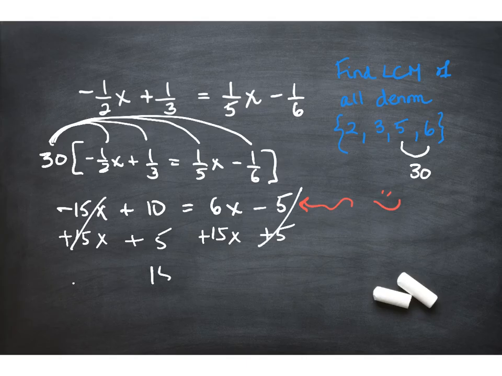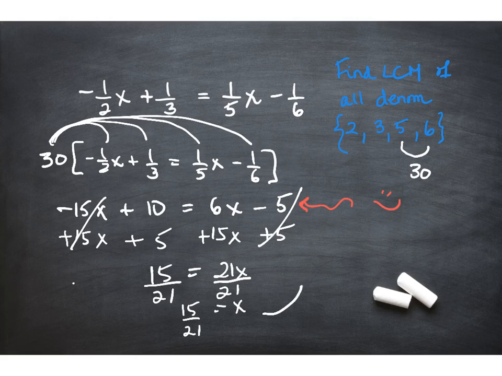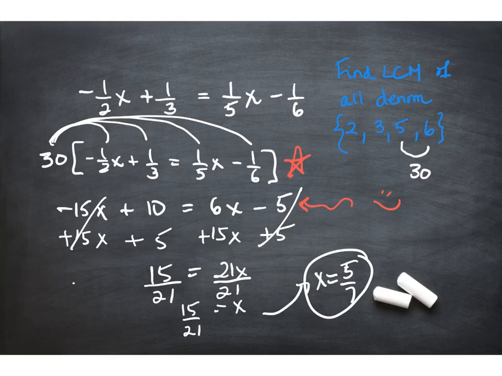So I get 15 equals 21x, and x is 15 over 21. So x equals 5/7. And you know how to do all that part. But it's really this part that's important, right? It's this, getting rid of the fractions. That's the tough part.